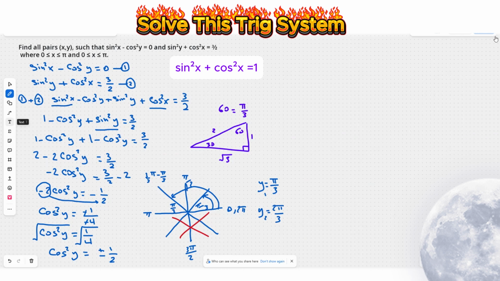And to find my x value, I'm going to use the equation sin² x minus cos² y equals 0 to solve for x. So I'm going to use the first answer, y1 equals pi over 3, and I'm going to sub in the pi over 3 for the y right here.